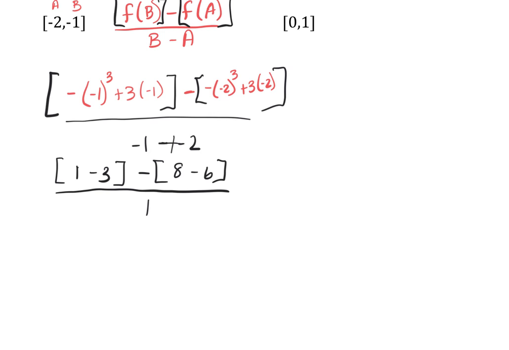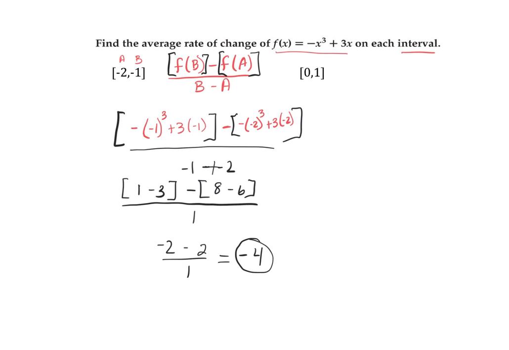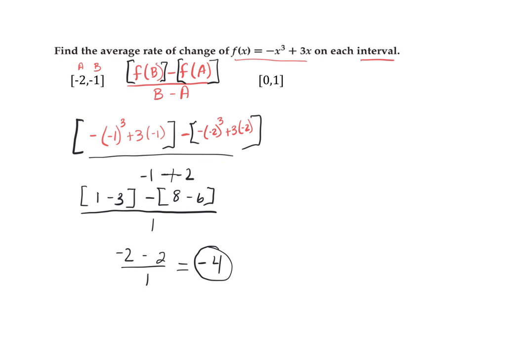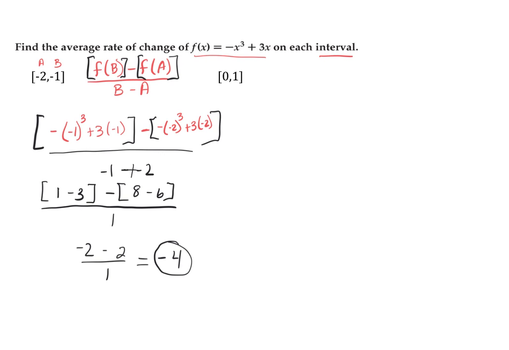So now I just have negative 2 minus 2 over 1. So the average rate of change is negative 4. Very simple to do, but very easy to get confused. So you have to be clear and show your steps to avoid confusion.